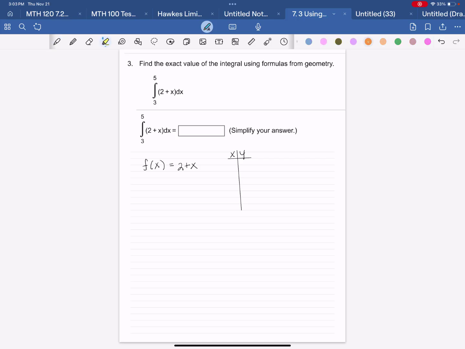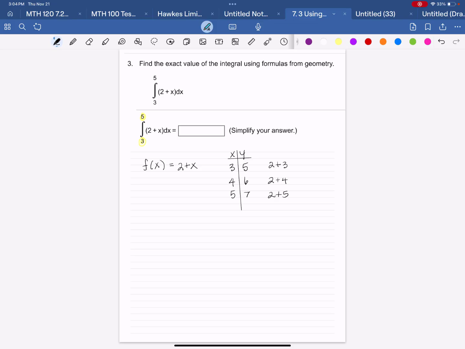And they tell us they want us to find it from 3 to 5. So I'm going to go ahead and let the x's be 3, 4, and 5. And then 2 plus 3 gives me a 5 here. And this is going to be 2 plus 4, which is a 6. And then 2 plus 5 is a 7.